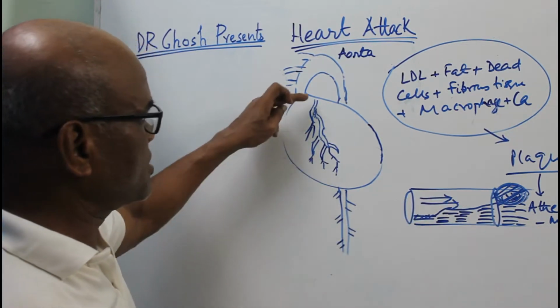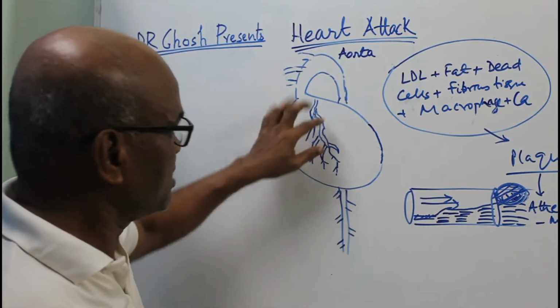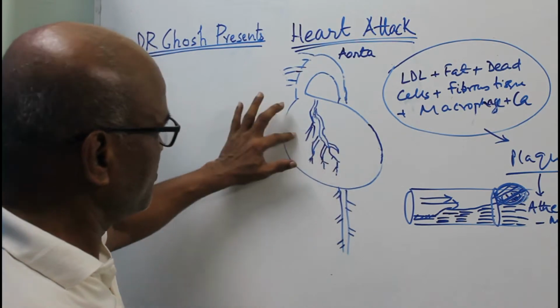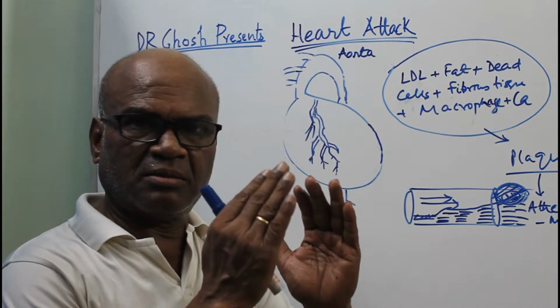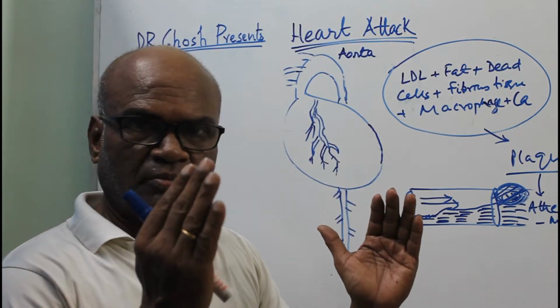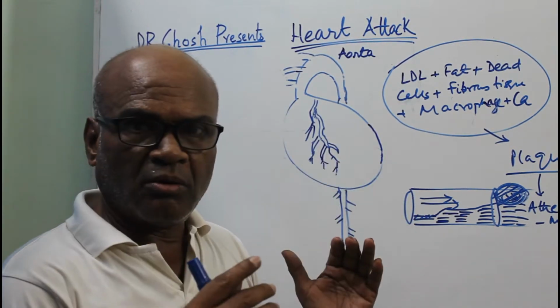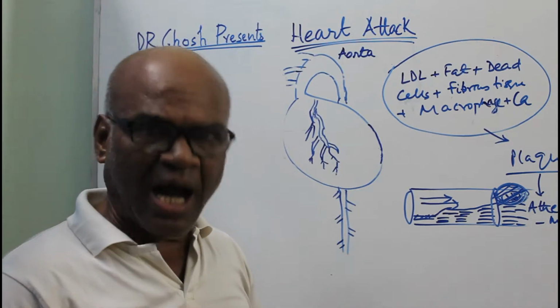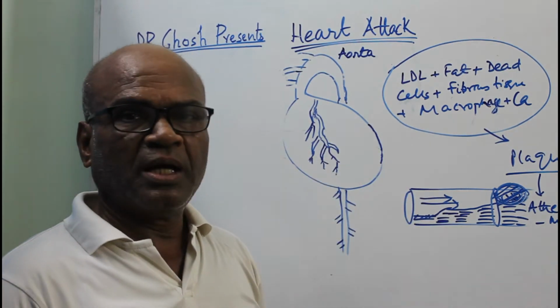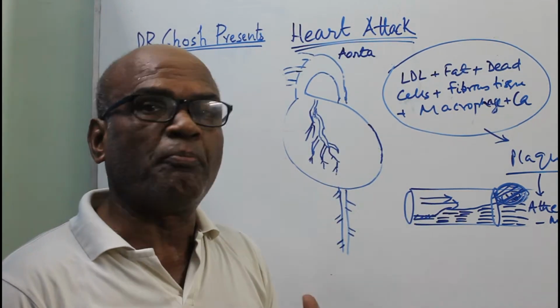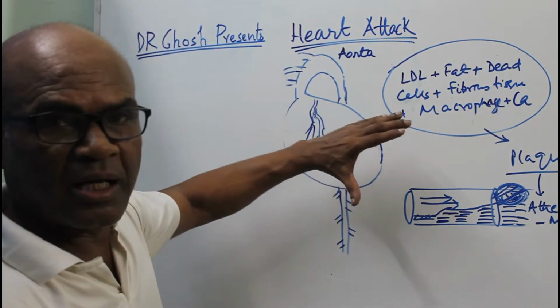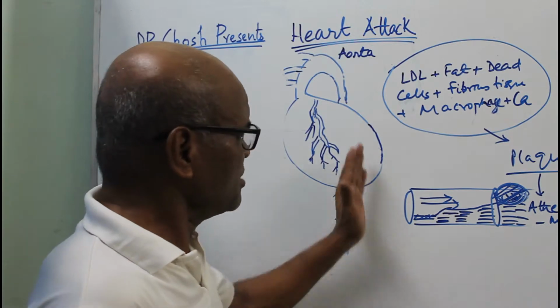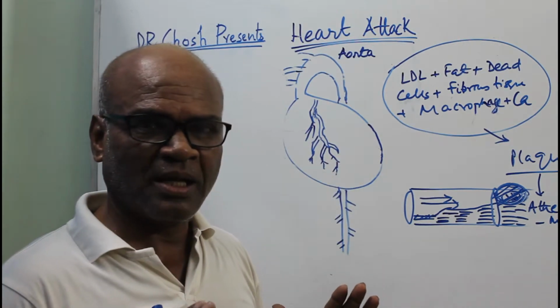If this artery happens to be a coronary artery, then the muscles which are contracting and expanding the heart, for which blood is circulating in our body, tend to stop. If this contracting and expanding stops, blood circulation is stopped.